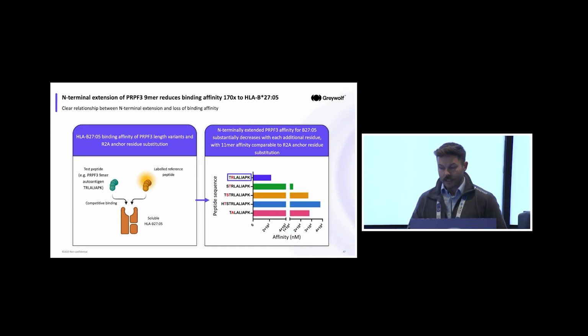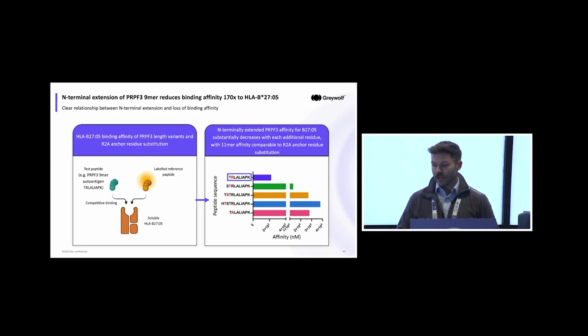And then interestingly, to sort of prove this hypothesis about N-terminal extension and loss of binding specificity, we take a mature autoantigen here with this arginine at P2, and test it in a purified HLA-B 2705 binding assay, where you're essentially asking, relative to a labeled reference peptide, how much can you displace based on binding affinity?